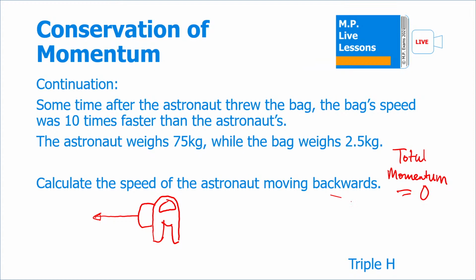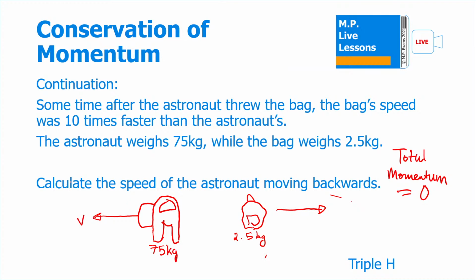And then you've got the bag moving forwards. Now this weighs 2.5 kilograms, whereas the astronaut weighs 75 kilograms.